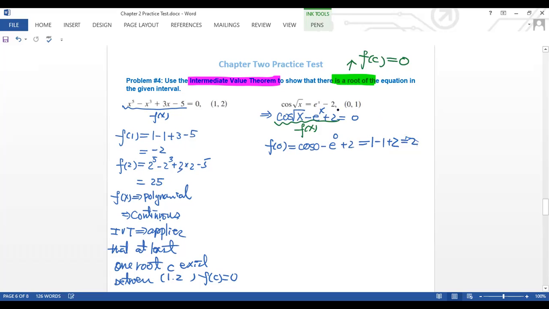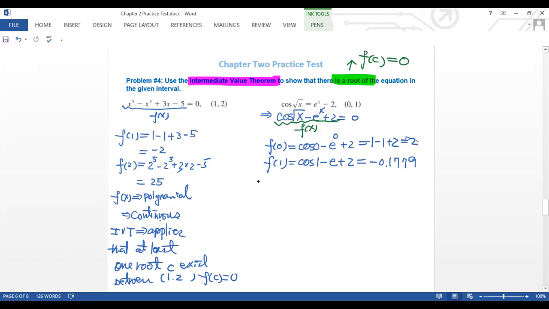Now f of 1 is cosine 1 minus e plus 2. You put 1 in radians into your calculator, and this gives you negative 0.1779. So now you know there's one positive and one negative here.